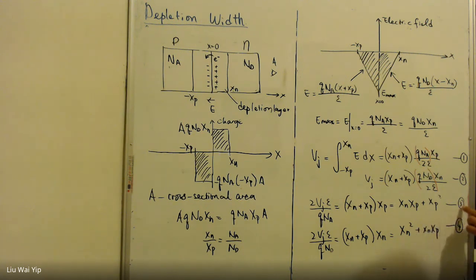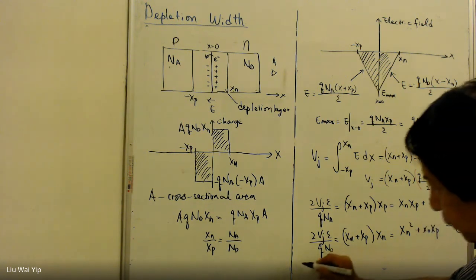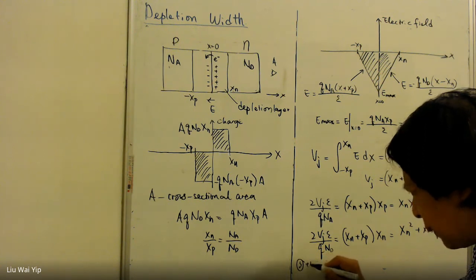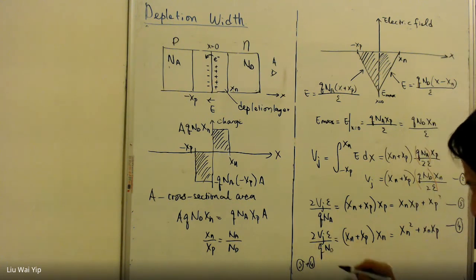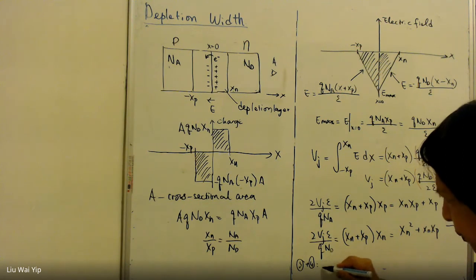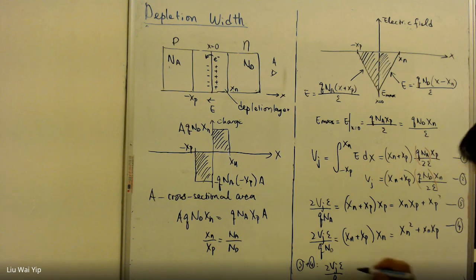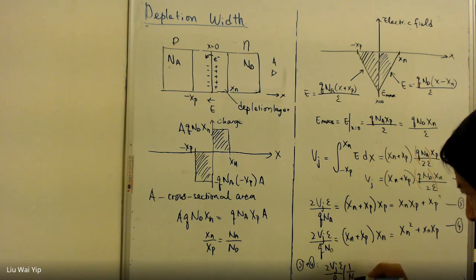If you add equation 3 to 4, the left side becomes 2 Vj epsilon divided by q, times 1 over NA plus 1 over ND.